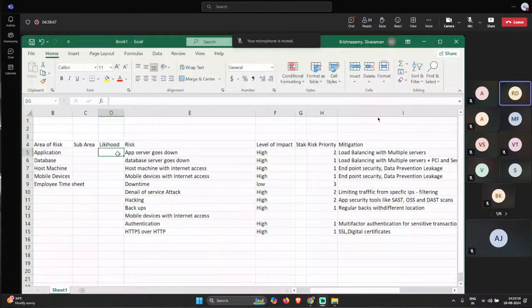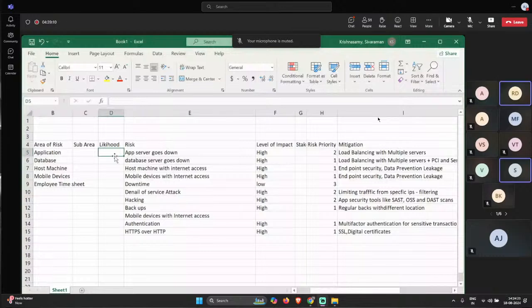We want to know the likelihood, whether it will happen. What is the frequency? Is it very frequent, once in a month, or once in a year? That is what we are looking at. What is the frequency of the app server going down? You mean asking about the probability, right? Correct.